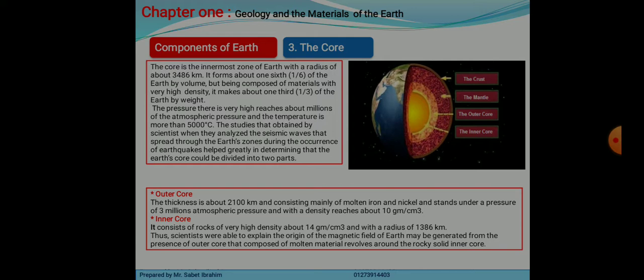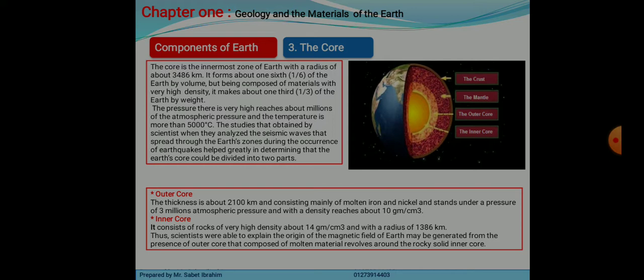It forms about 1/6 of the Earth by volume, but being composed of materials with very high density, it makes about 1/3 of the Earth by weight. The pressure is very high, reaching about millions of atmospheric pressure, and the temperature is more than 5,000 centigrade.